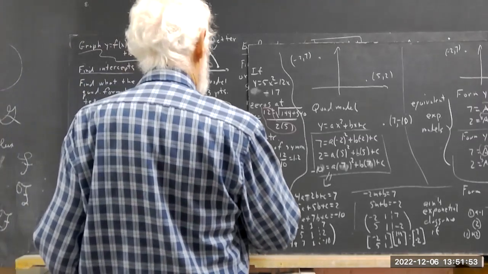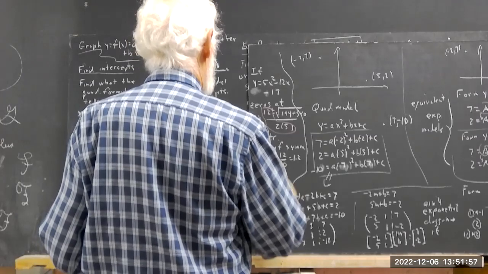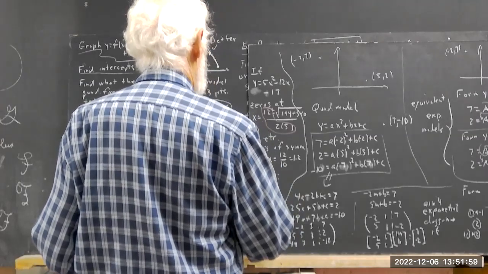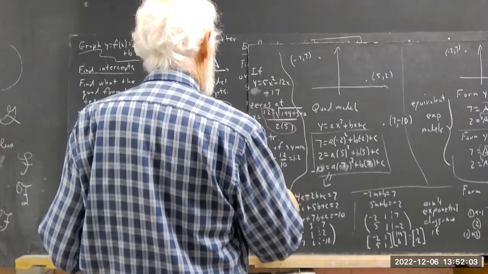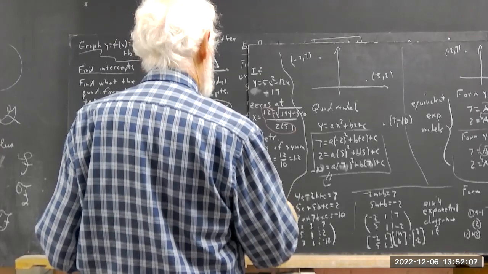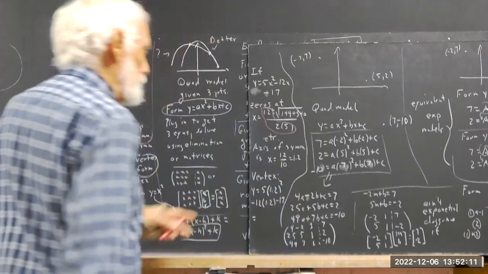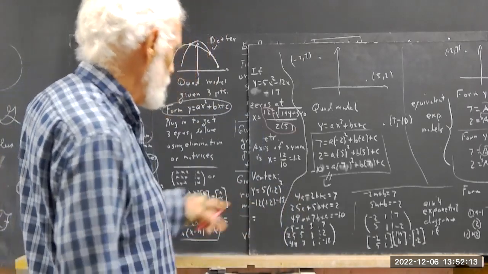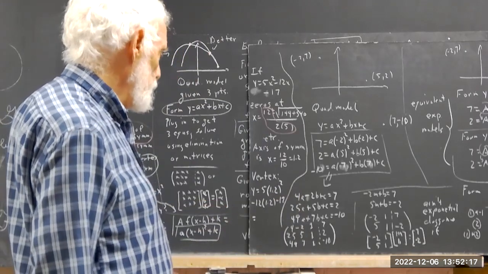The vertex is at 5 times 1.2 squared minus 12 times 1.2 minus 17. That's actually fairly easy to do.